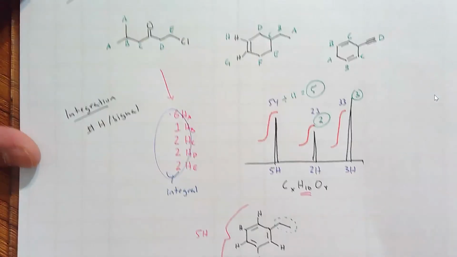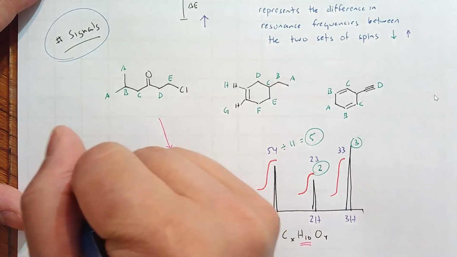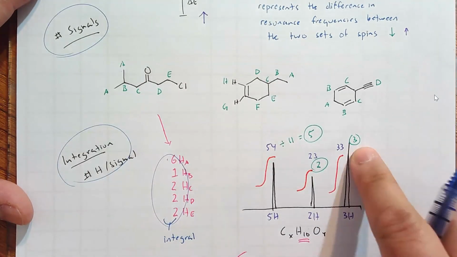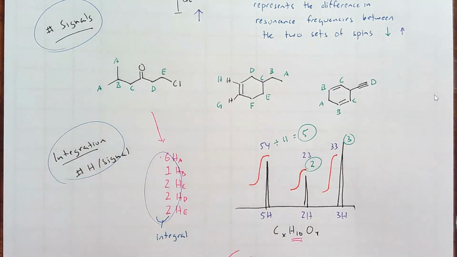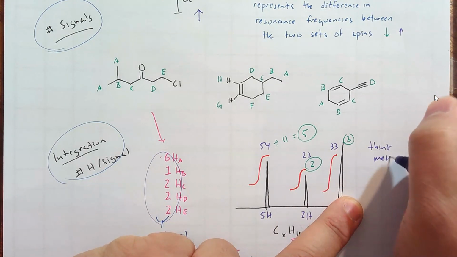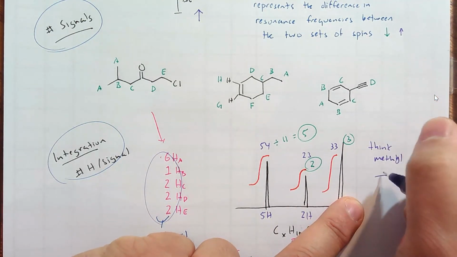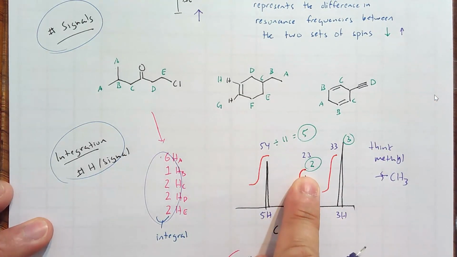But do you see how powerful it is just by knowing the number of signals and by knowing the integration? Because now, ooh, what is that? If you have a 3H signal, think methyl. You have a methyl group, CH3. Whoa, what is that?